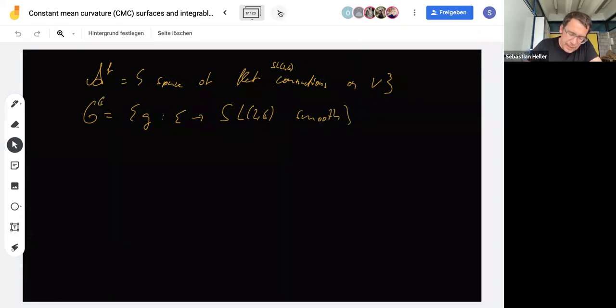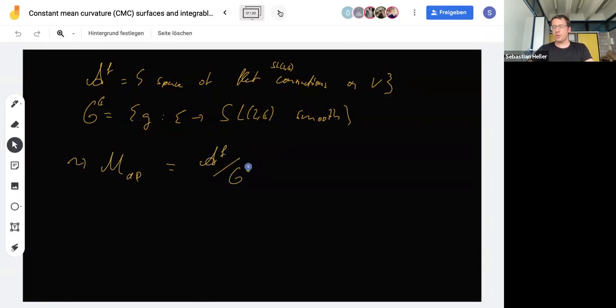Then we get the quotient space. Namely, we denote it by the Riemann moduli space. It's just the space of flat connections modulo this infinite dimensional space of gauge transformations. And it turns out that this is a finite dimensional space.